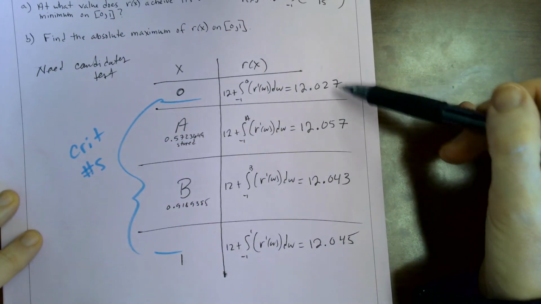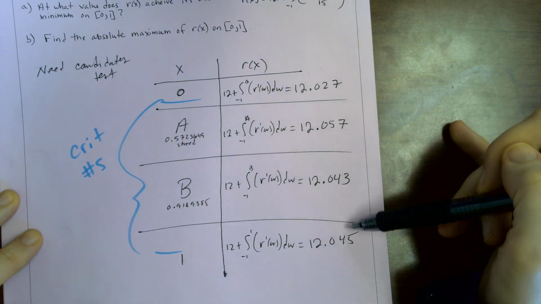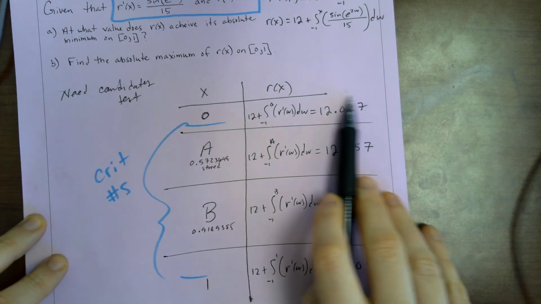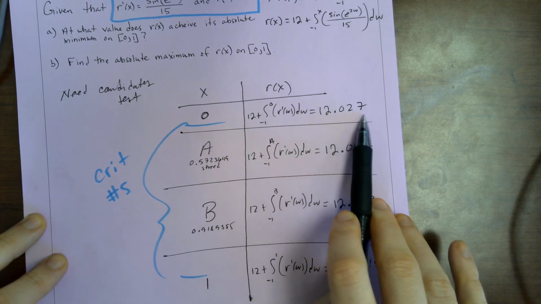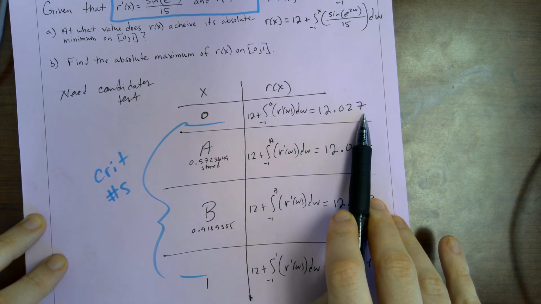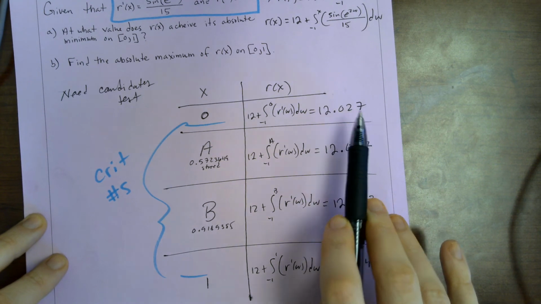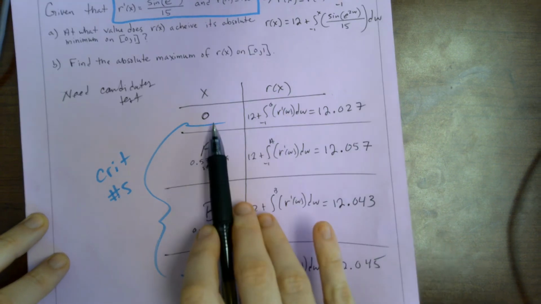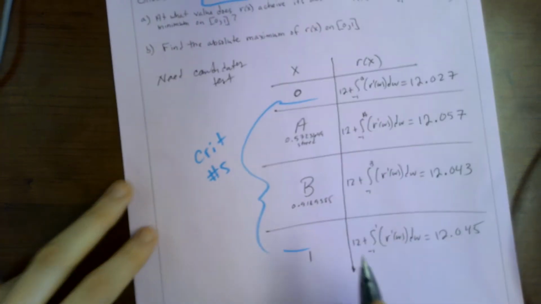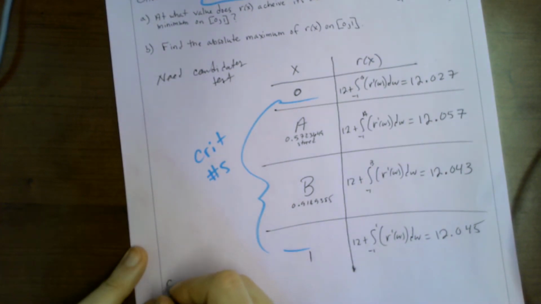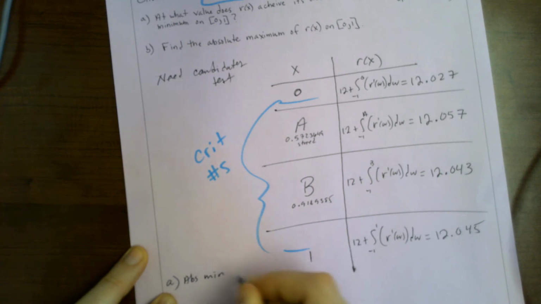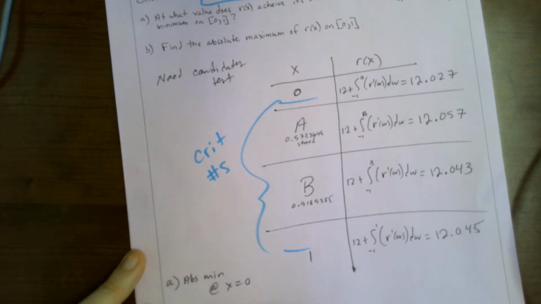What is the smallest of these numbers, guys? The smallest number is 12.027. So r of x is achieving this absolute min at x equals 0. All right, so for part A, absolute min at x equals 0.